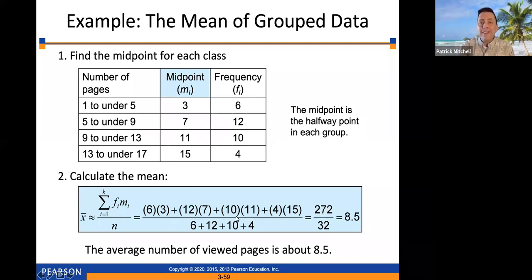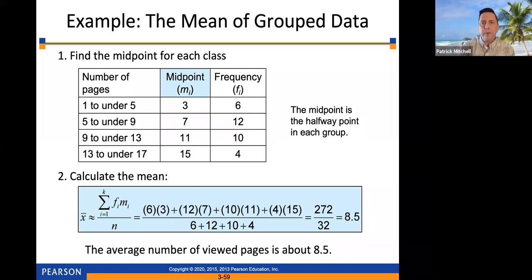And then to find the size of the sample, just add these frequencies together. If there were this many customers that viewed 1 to 5 web pages and this many that viewed 5 to 9, et cetera, then there must be a total of 32 customers in this sample. So the mean for this sample, and again, this is an approximation, is 8.5 web pages. The average number of viewed pages is about 8.5.